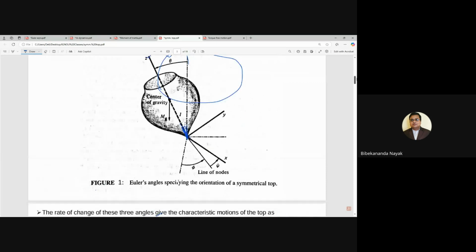The potential energy is mgh, where mg is the weight and h is the vertical distance. How much is the distance? This is L, and this angle is theta, just like in the figure.